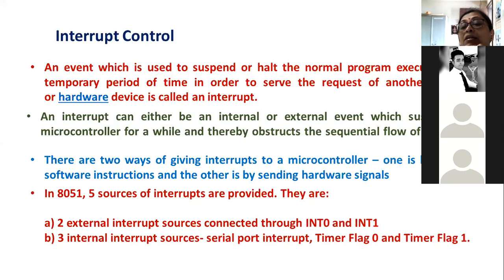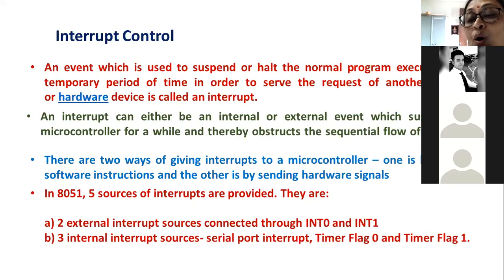By writing data into the interrupt priority register, you can decide the priority. You can override the default priority. And by using the interrupt enable register, you can enable the interrupts that you want to enable.